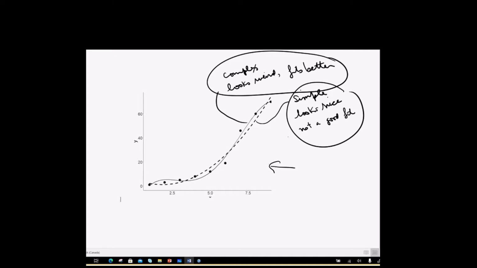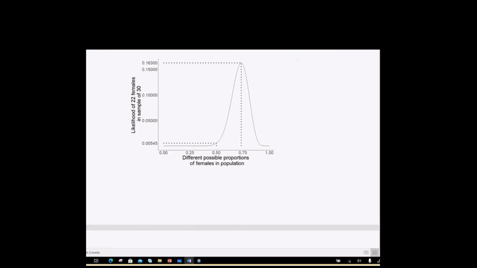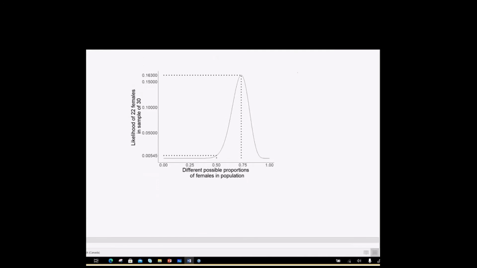So earlier on, we saw our likelihood function. Remember, this was our study where we went into Department X, we sampled n = 30 individuals, found y = 22 females, and then we let pi vary from 0 to 1. So this is the parameter, the proportion of females in the population. So when variable y was set at 22, and the value of pi went from 0 to 1, shown here on the x-axis.